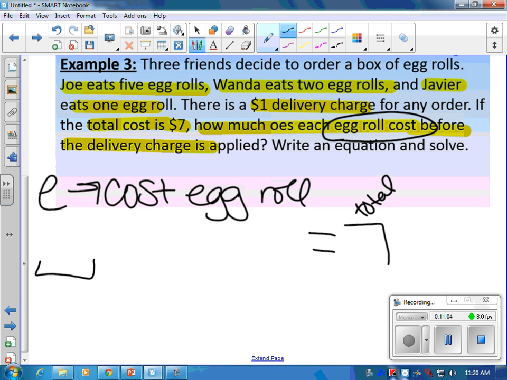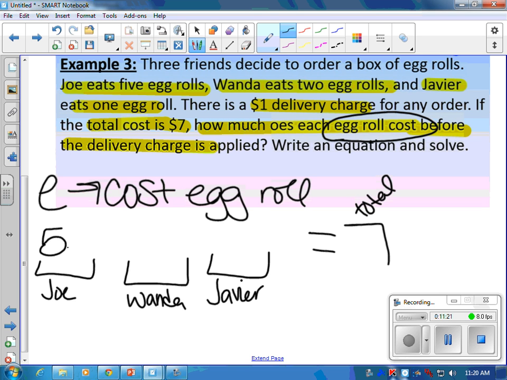So I've got Joe, I've got Wanda, and I've got Javier. How am I going to represent Joe's cost? So, okay, so 5e. Plus 2.